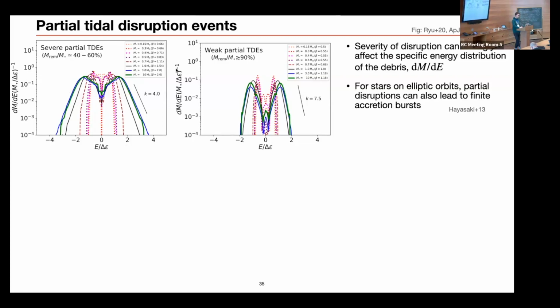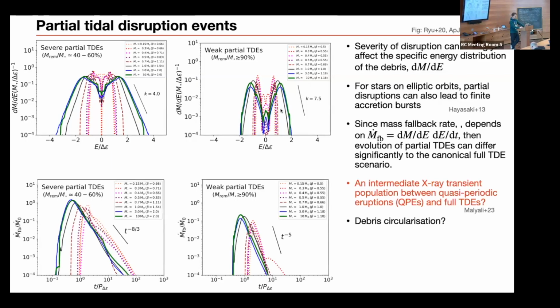And you find very different spreads depending upon whether you have a severe partial TDE or a weak partial TDE. For weak partial TDEs, you can have much steeper slopes in the fallback timescales. So there's potentially a very wide spread of observed behaviors of TDEs depending upon the configuration of the system.